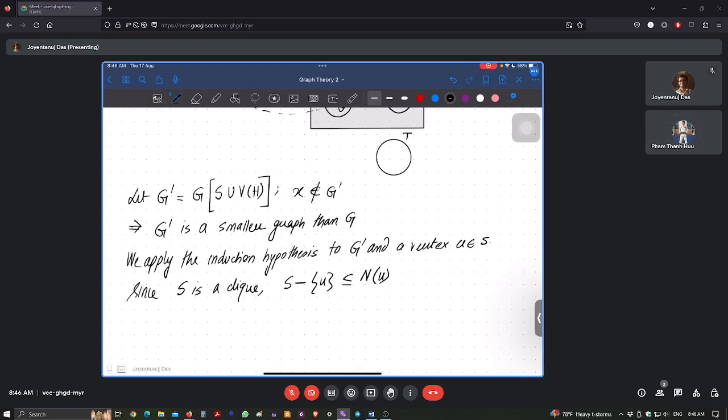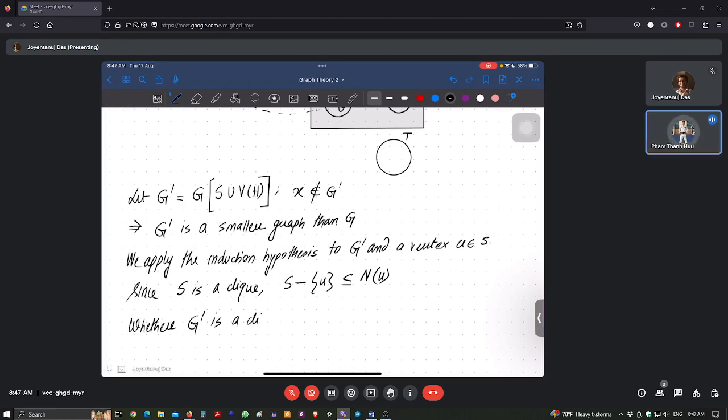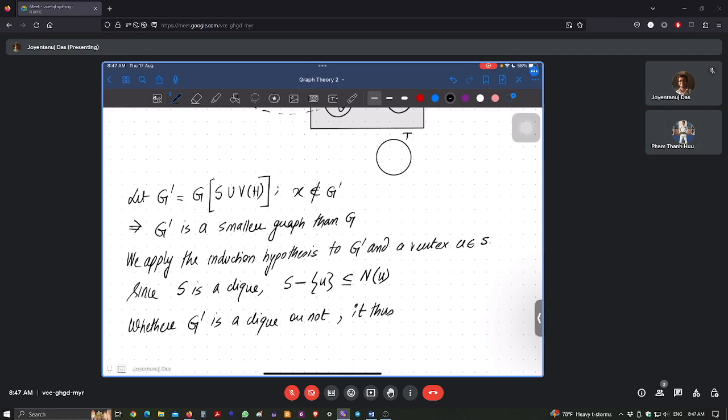So now whether G prime is a clique or not, it thus has a simplicial vertex.